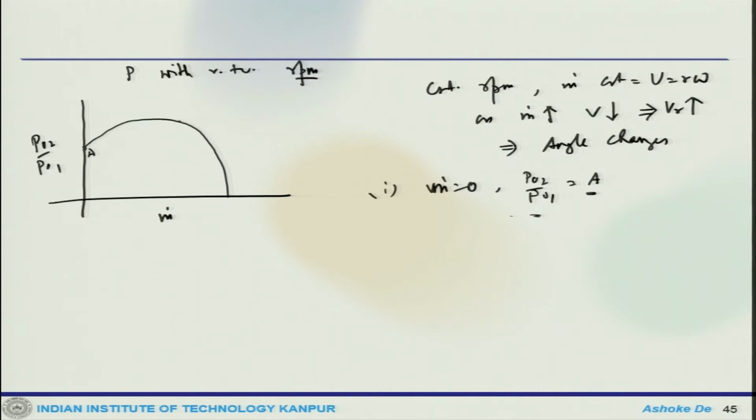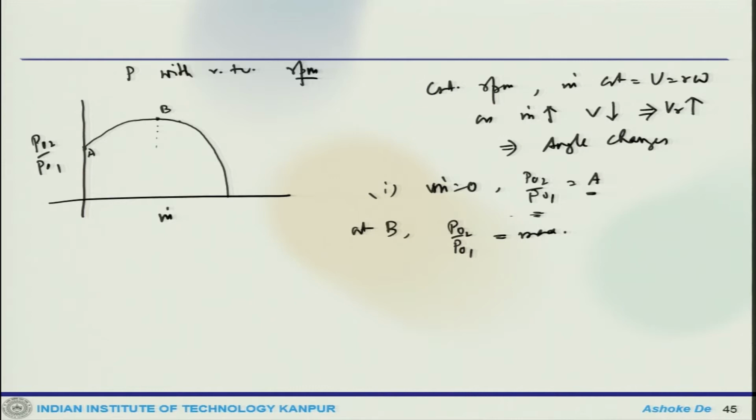Then when the valve is open, the flow starts going through the diffuser, adding the pressure rise, so the curve starts increasing and reaches a point somewhere, B. Okay. This is the so-called point of probably maximum efficiency, and at B, P naught 2 by P naught 1 is also maximum. So, it reaches the maximum value.